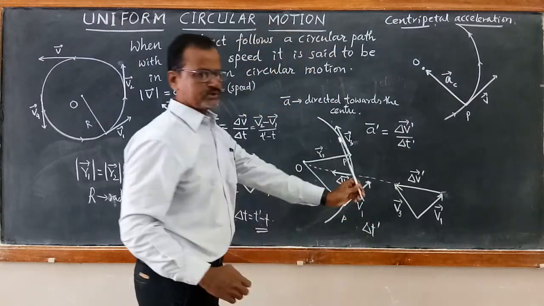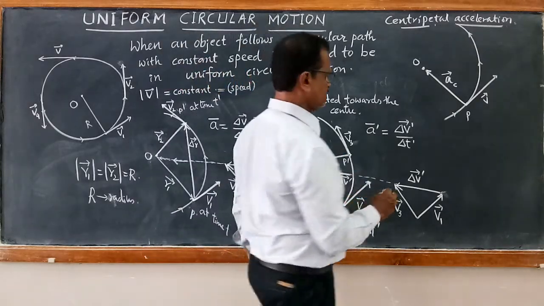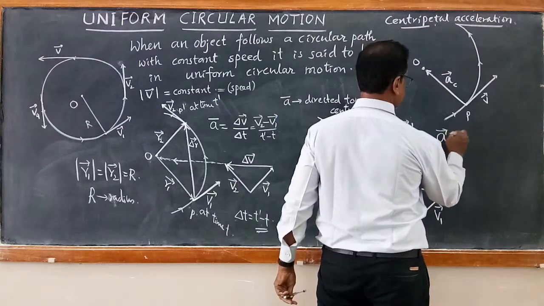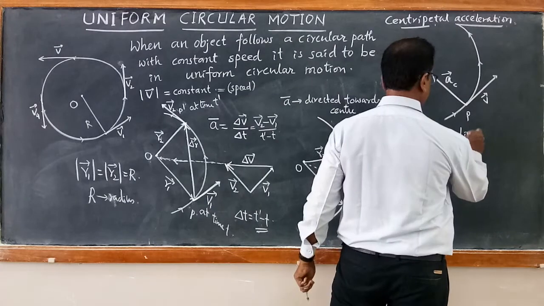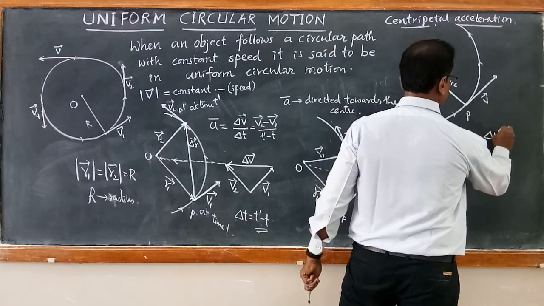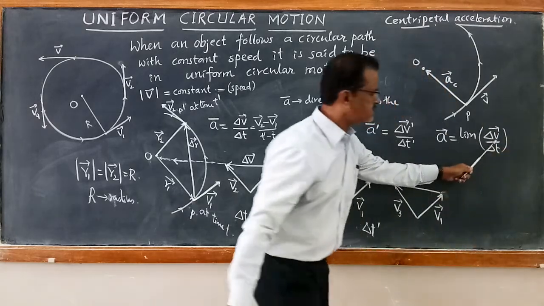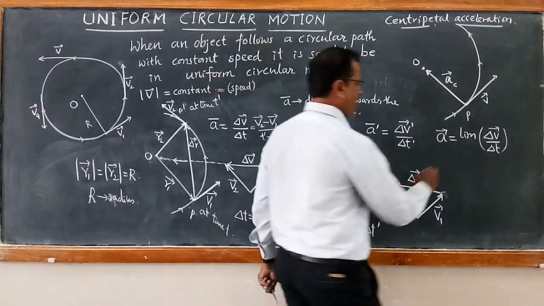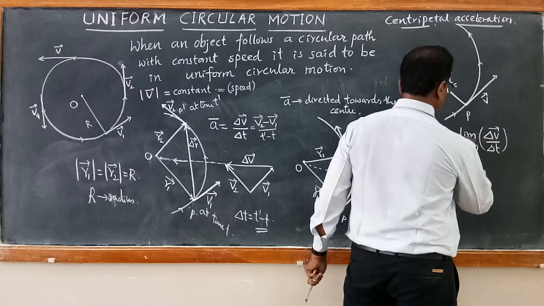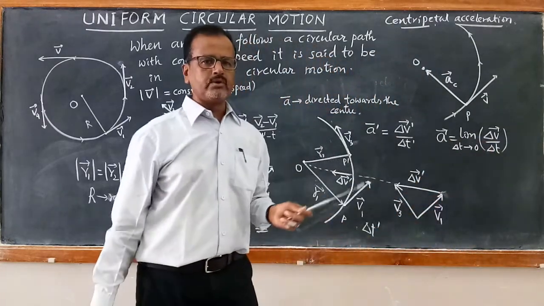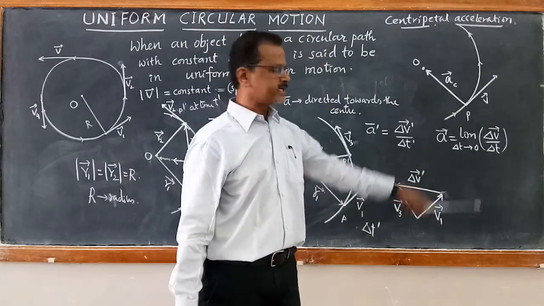The meaning of this procedure we can write beautifully with the help of maths. Instantaneous acceleration vector a is equal to the limiting value of average acceleration, delta v by delta t, as the time interval delta t is reduced to an exceedingly small value, that is, delta t tending to 0. This is how we define acceleration.